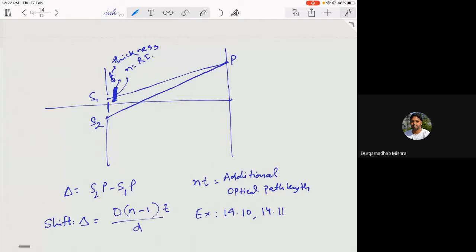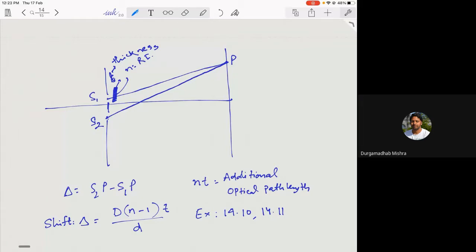So if we know the path difference and we equate it to an integer multiple of lambda, or half-integer multiple of lambda, then we will have a constructive interference, otherwise a destructive interference. So for any geometry given in this kind of interference problem, if you can calculate the path difference, then you can calculate the condition for maximum and minimum.